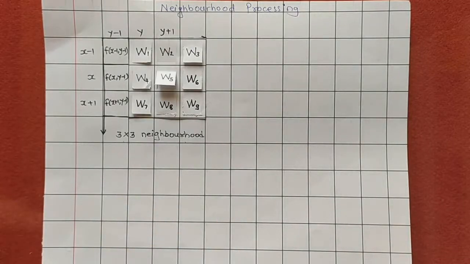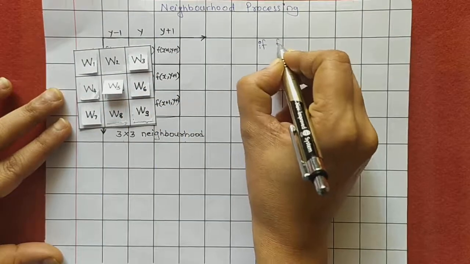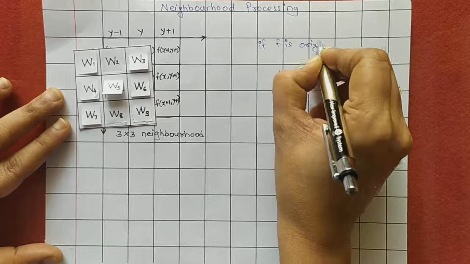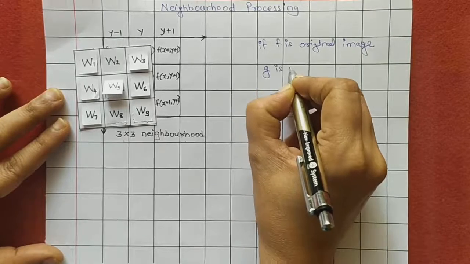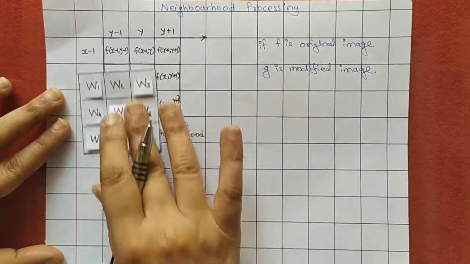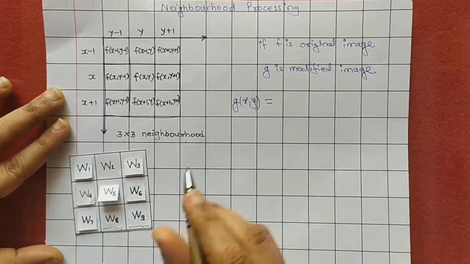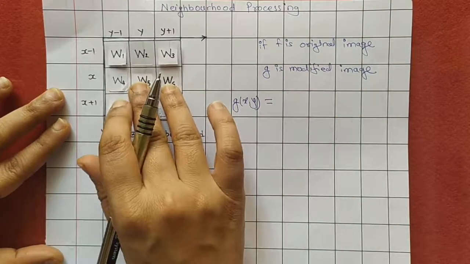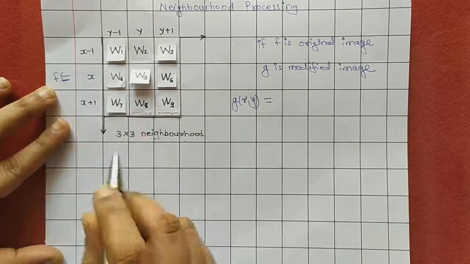Now here, if f is the original image and g is the modified image, then the modified image g of x y is given as follows.